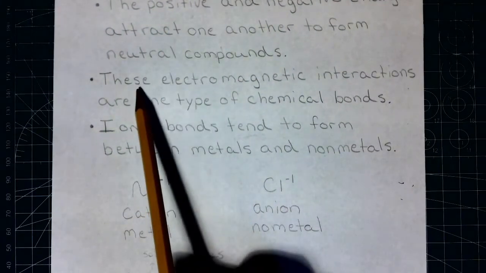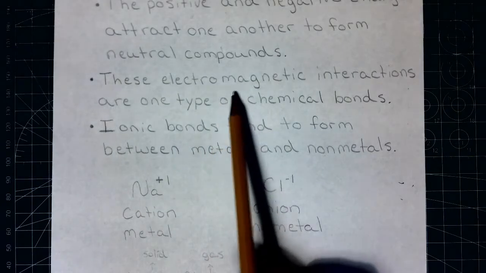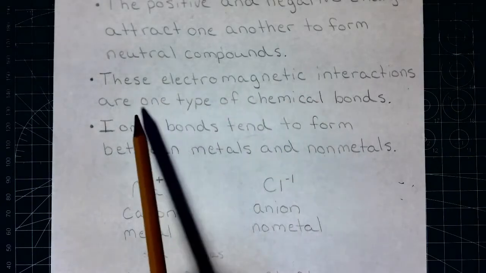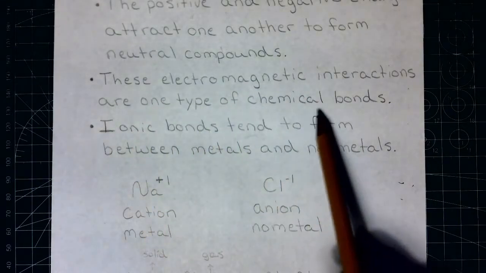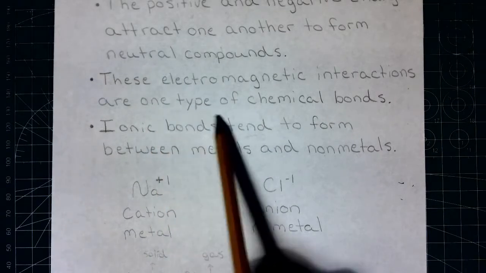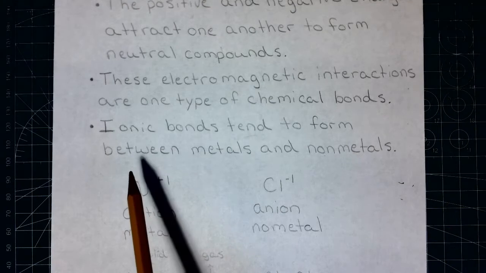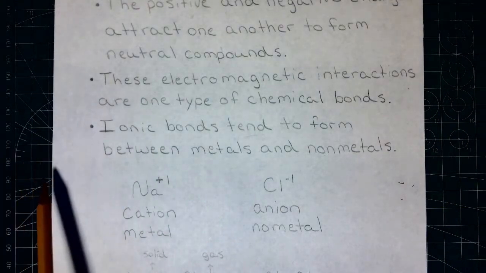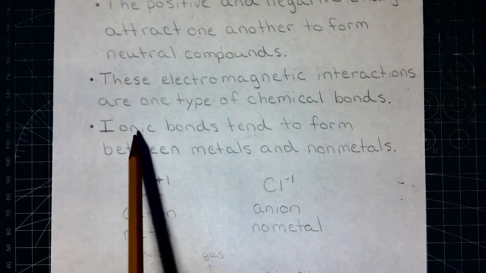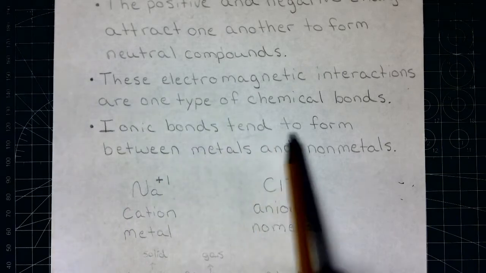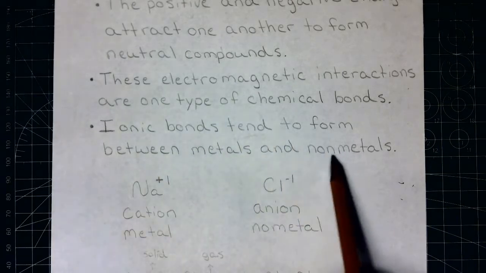What's going to happen is the positive and negative are going to attract one another, and these electromagnetic interactions are going to form chemical bonds. This is one type of chemical bond that can form. We're going to talk about another one in just a little bit. Ionic bonds tend to form between metals and nonmetals.